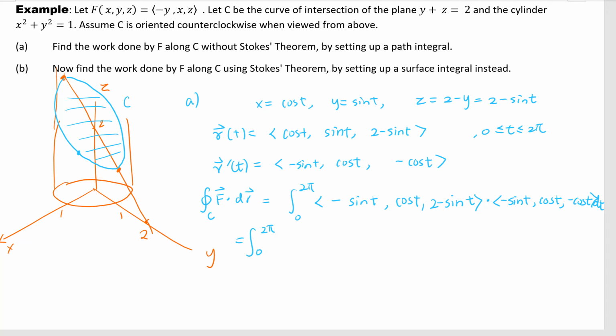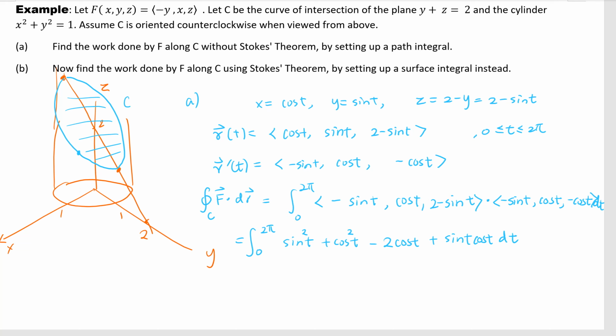So what is the dot product? Minus sine t times minus sine t is sine t squared. Cosine t times cosine t is cosine t squared. 2 times minus cosine t, so minus 2 cosine t. And then we have plus sine t cosine t dt. So far, so good, everybody?